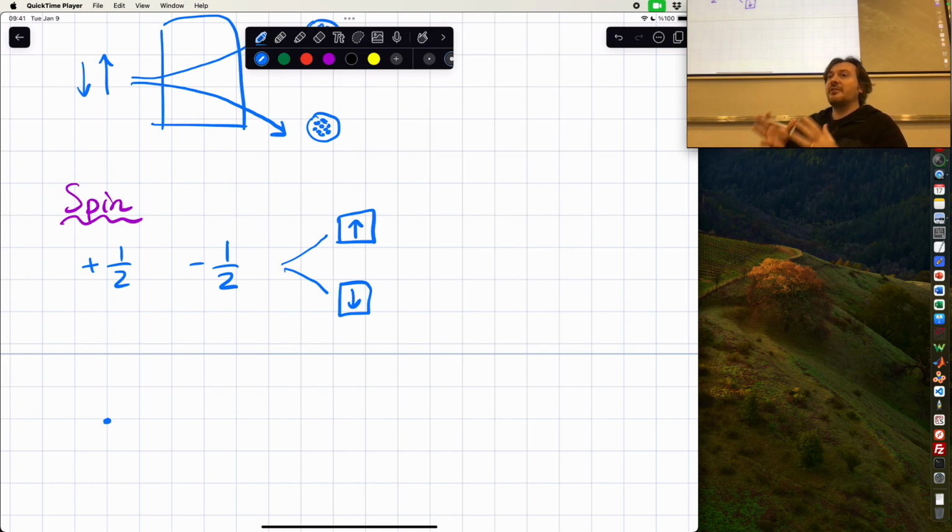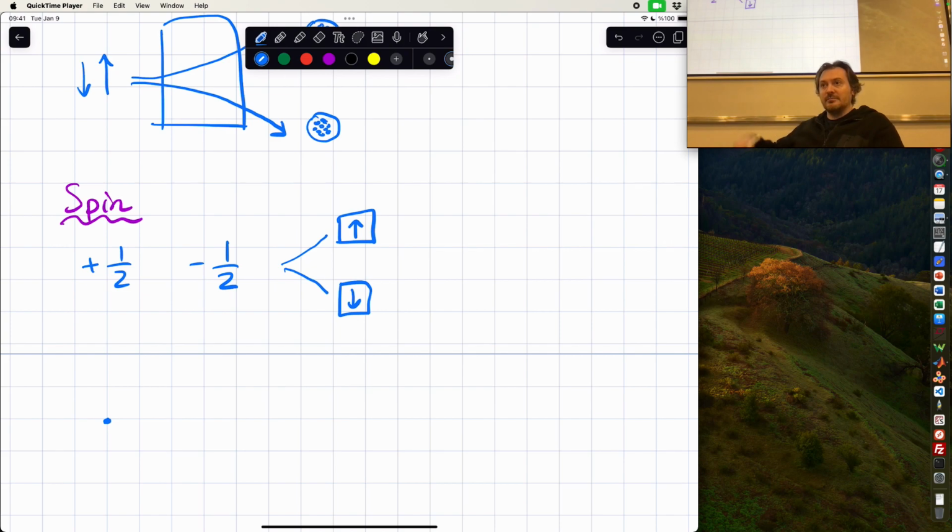So it's an intrinsic property, like a label on top of an electron. Or to confuse even much further, it's an extra dimension for the electron. So besides, we will actually write it down in the wave function soon. Besides x, y, z, there's also the spin dimension of the electron, up, down.